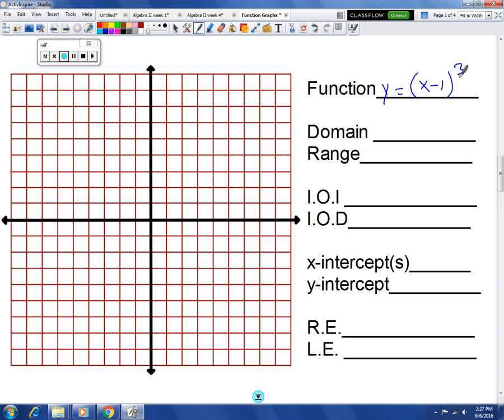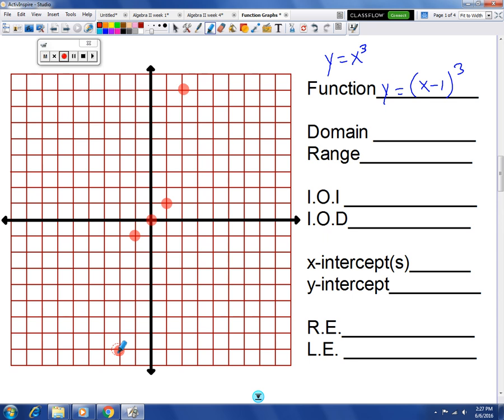Alright, so always comparing to the parent function, y equal x to the third. Okay, so x to the third, point, point, point, point, and point.